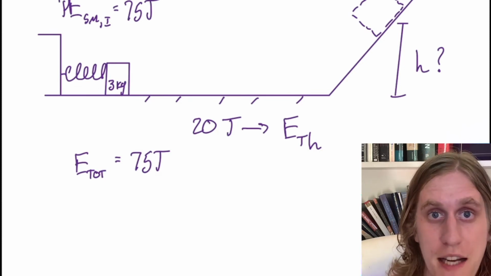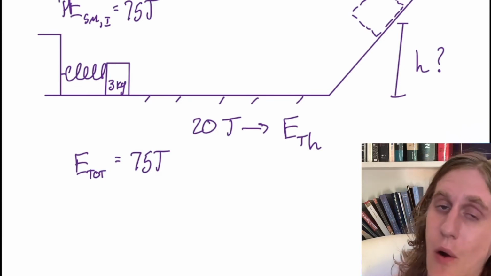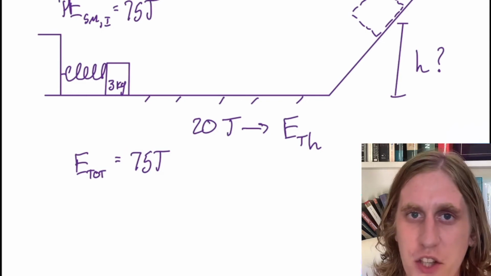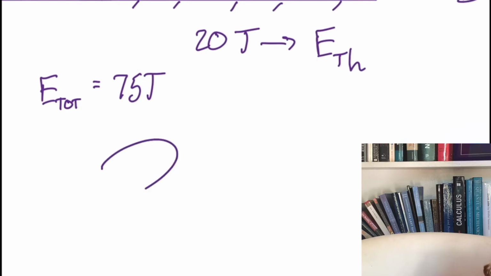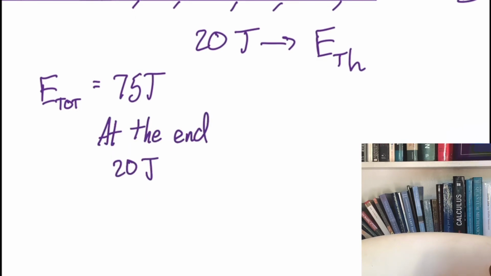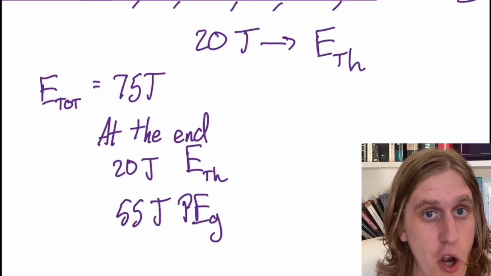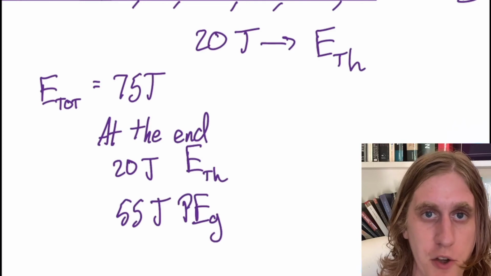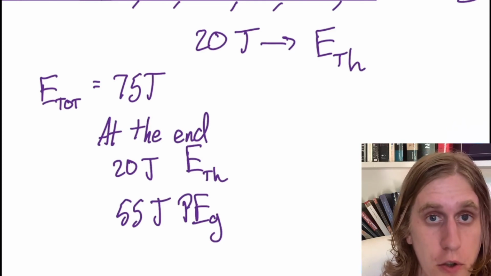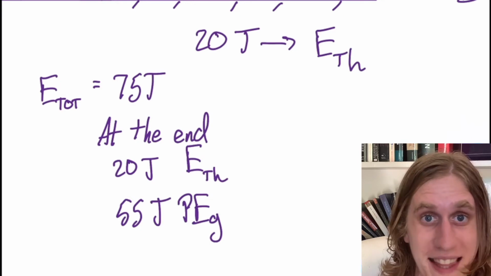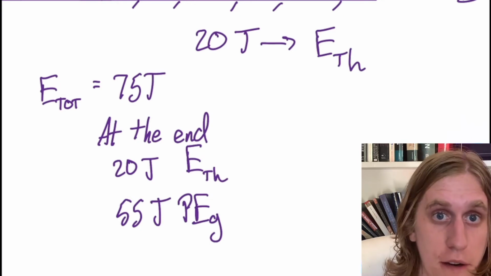There's no other kind of energy, and so we know that all of the rest must be in the gravitational potential energy. And there we go. We know how much gravitational potential energy the block has at the end of its run. So let's just compute what the height is if you have that much gravitational potential energy.